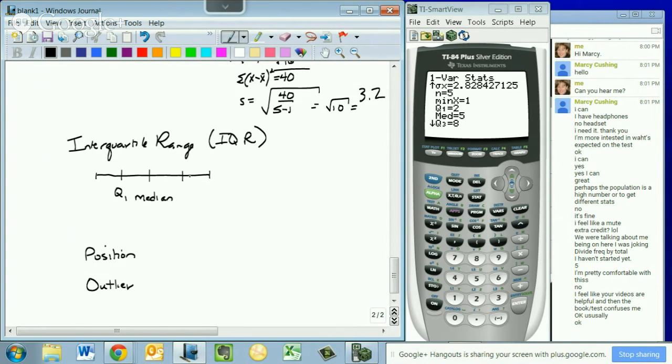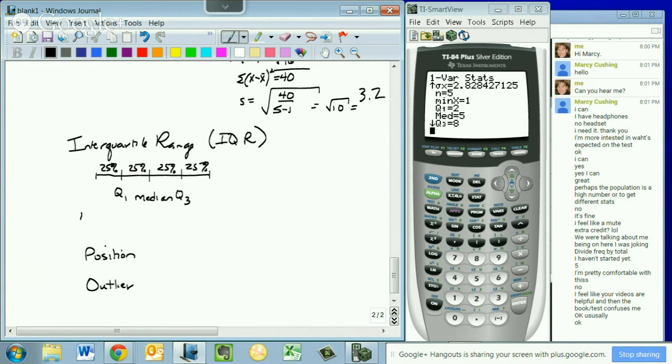And if you split the upper half of the data, that's the third quartile. So about 25% of the values are in each bin, or whatever you want to call it. Okay, so that's what the quartiles are.